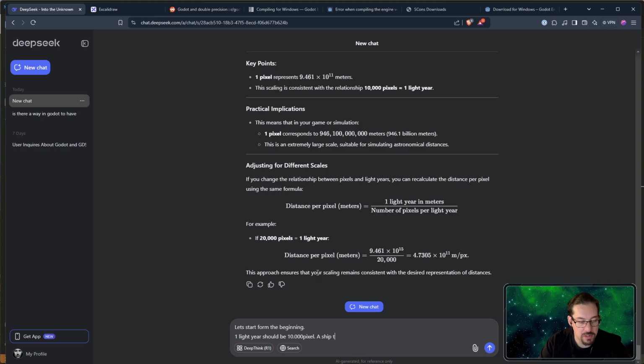A ship that is traveling with light speed should take 1 in-game year to travel 1 light year.